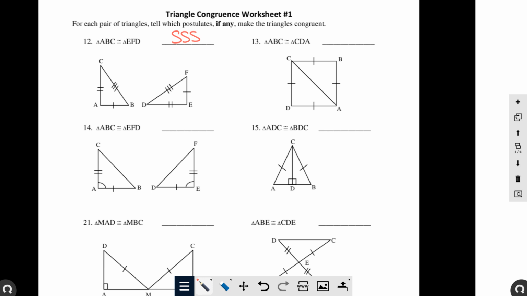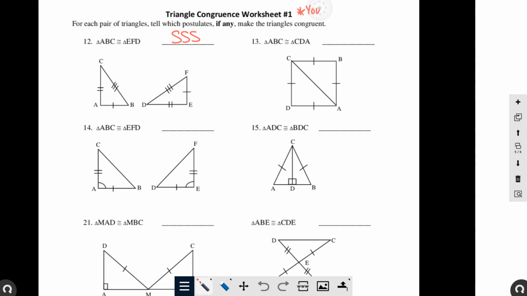All right, let's look at our next picture. Why is triangle ABC congruent to triangle CDA? Well, if you look at the picture, it's only 2 sides marked, right? How many items do we need? 3. But we can mark 2 things. So put you a little star up here at the top.